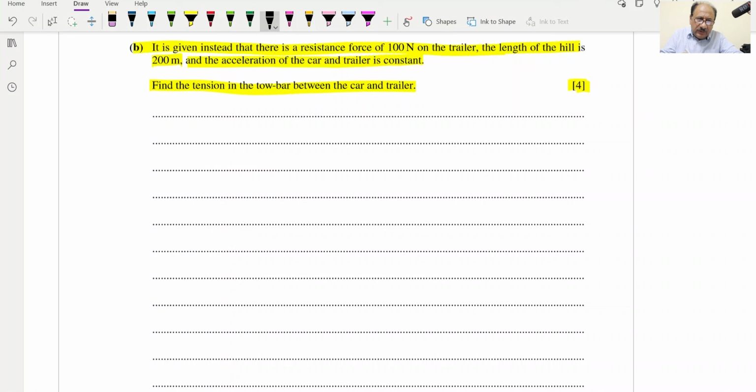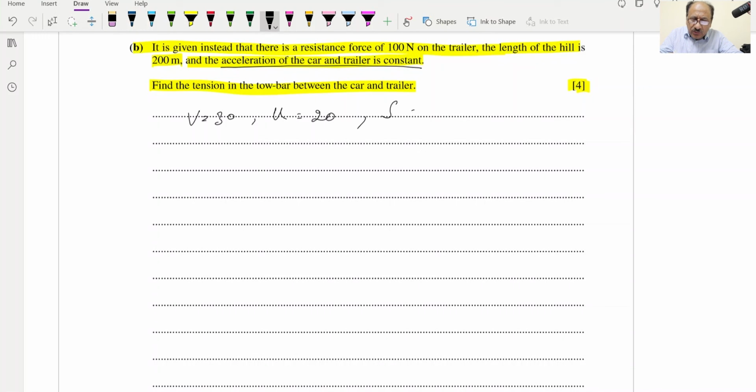So first we have to calculate the acceleration, because acceleration is constant and it is not given. So final velocity we have, initial velocity also we have. So final velocity v is equal to 30, initial velocity u is equal to 20, and what else we have?